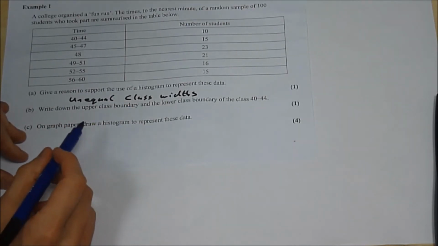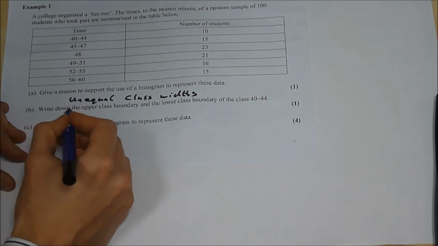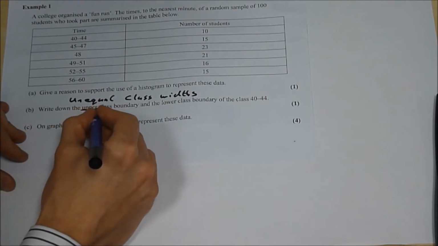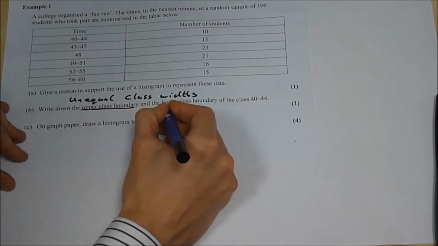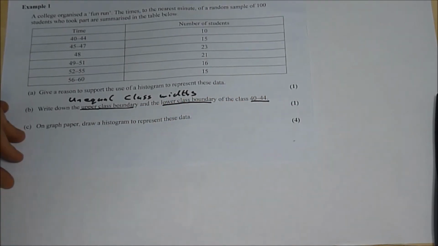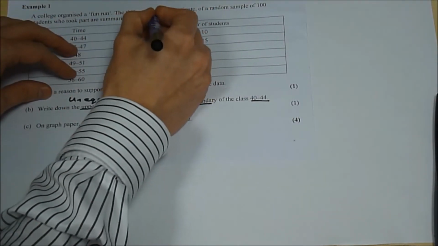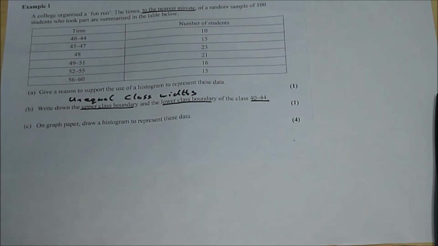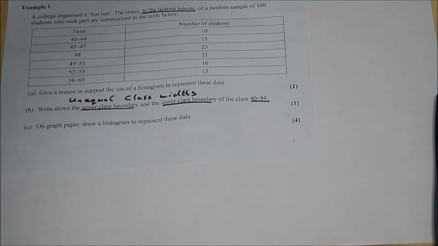Now in part B it says write down the upper class boundary and the lower class boundary of the class 40 to 44. Well, it says the times are to the nearest minute of this sample. So if someone got 42.5 minutes, they'd be in the first block.